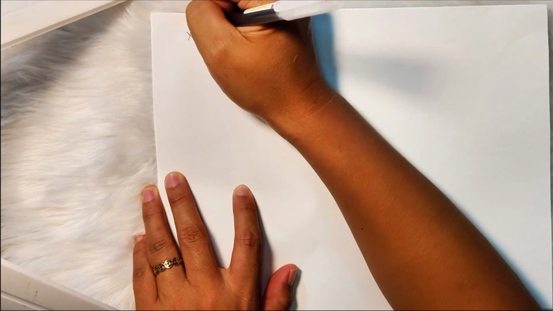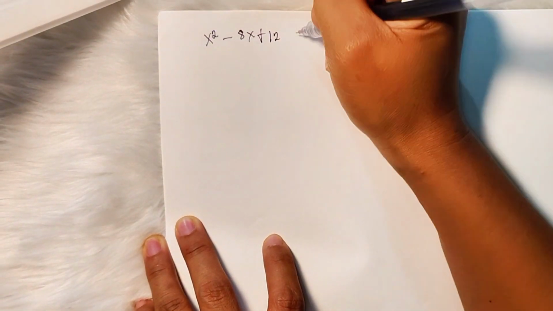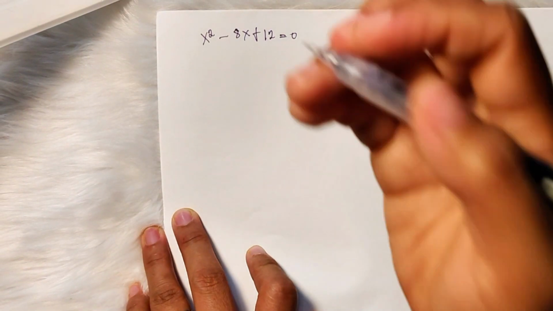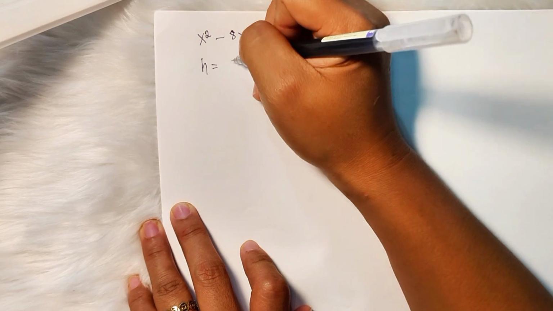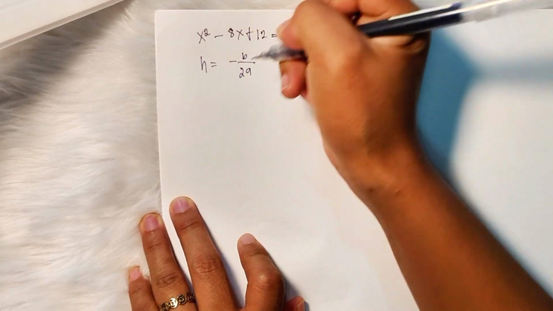Okay, so let's start. We have our first example: x squared minus 8x plus 12 is equal to 0. First, we're going to use the formula for the h, which is h is equal to negative b divided by 2 times a.